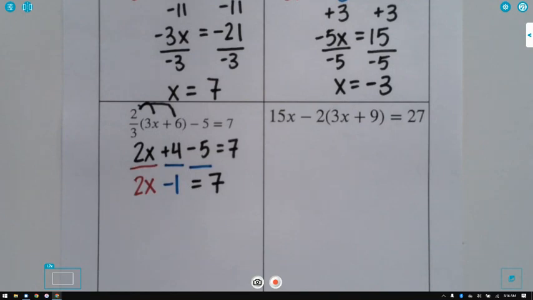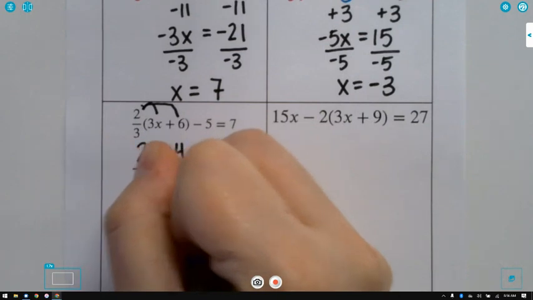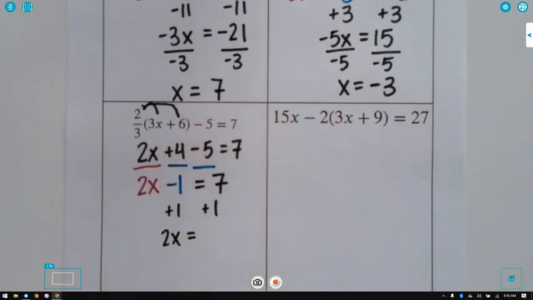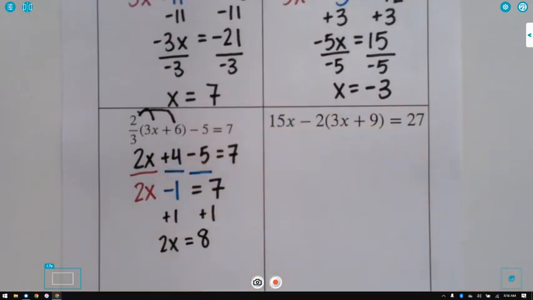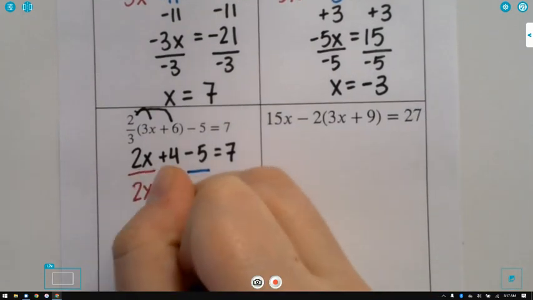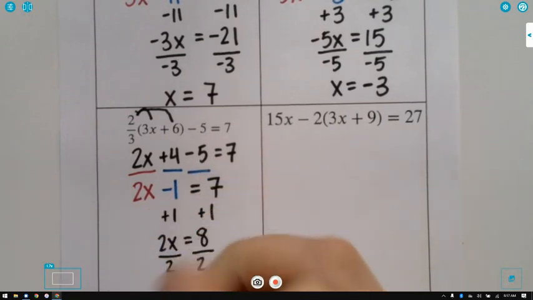And then from here, we'll add 1 to both sides. We get 2x equals 7 plus 1 is 8. And we can divide both sides by 2. We'll get x equals 4.